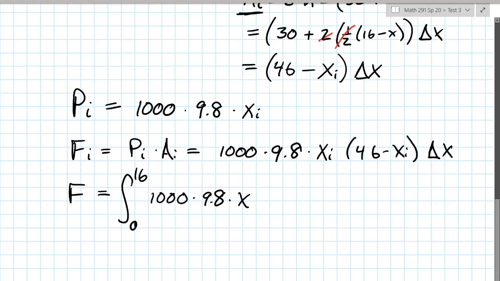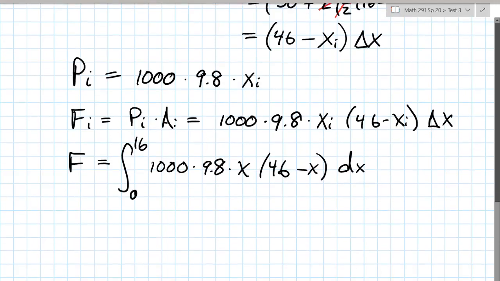We don't need our i's anymore, and our delta x becomes a dx.